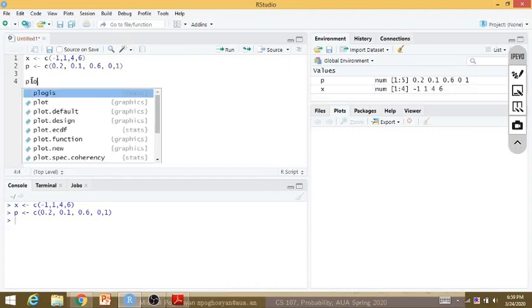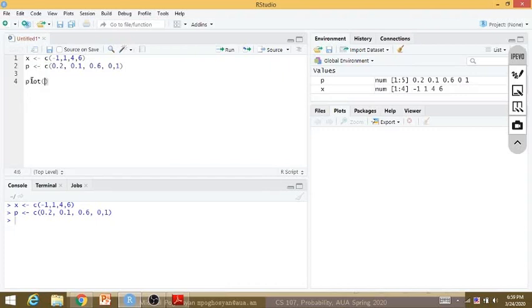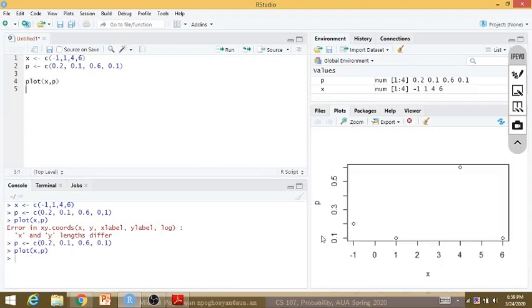So I'm just plotting p versus x. I have something wrong here because I have 0, then 1, not 0.1. I need to write 0.1. Now I have the points. Over -1, I have 0.2, 0.1 over 1, and 4 points.